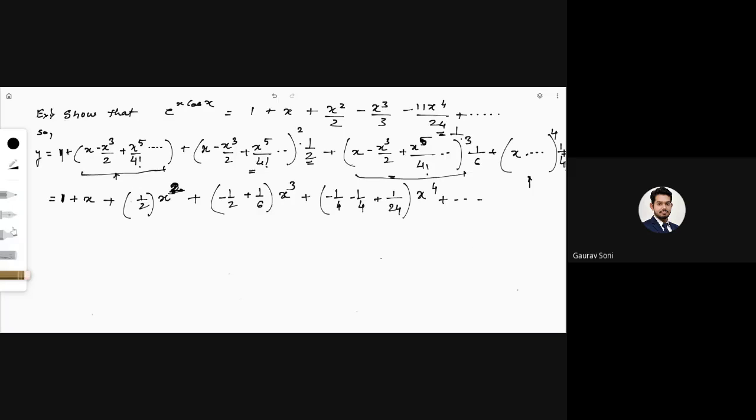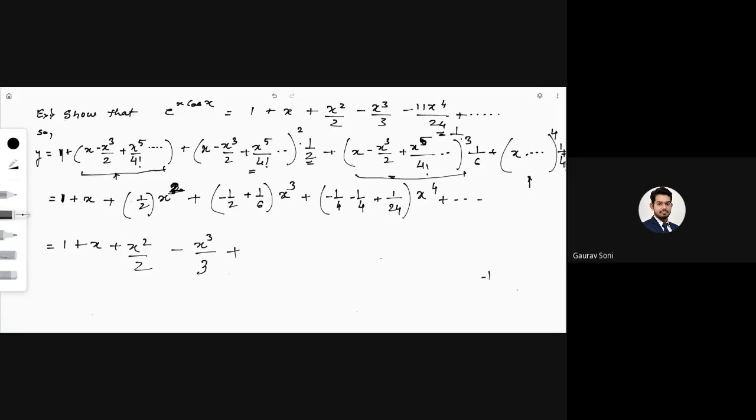So simplifying the series, 1 plus x square by 2. If you simplify this, minus 3 plus 1, which is minus 2 by 6, which is minus 1 by 3 x square, sorry, x cube, minus x cube by 3. Plus, to simplify this, minus 1 by 4, minus 1 by 4, which is minus 2 by 4, minus 1 by 2.